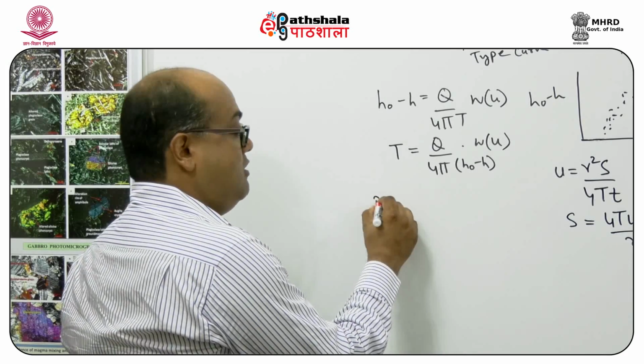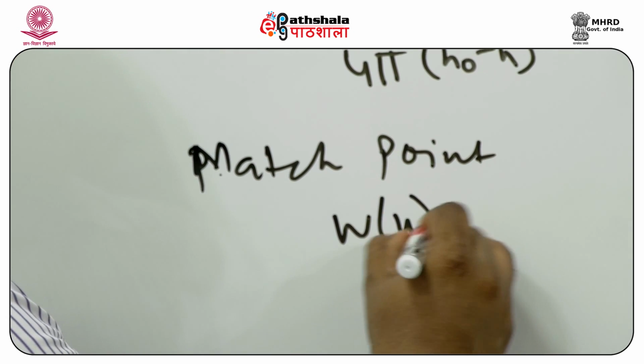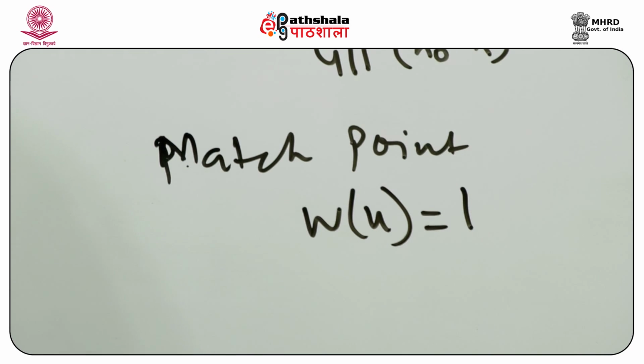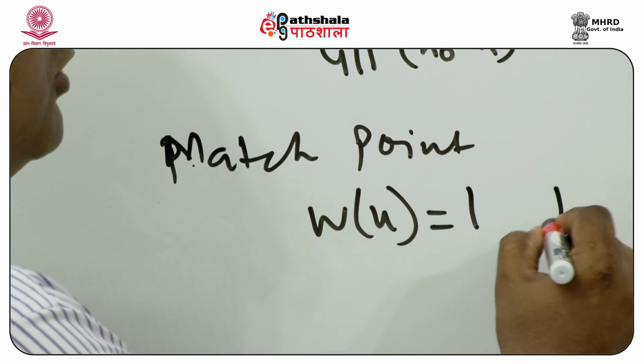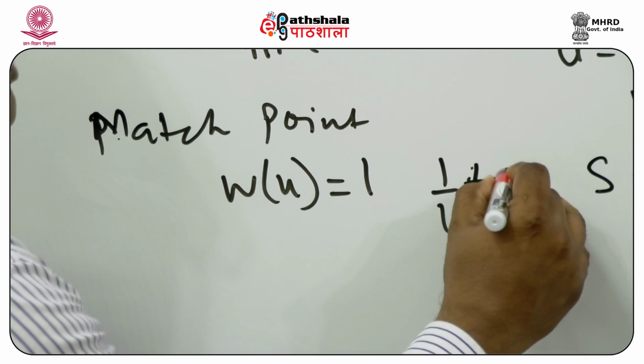Once we have done that, we take a pivotal point, which is known as the match point. So what is the match point? The match point is where the value of the function W(u) equals 1, and the value of 1 by u is also equal to 1.